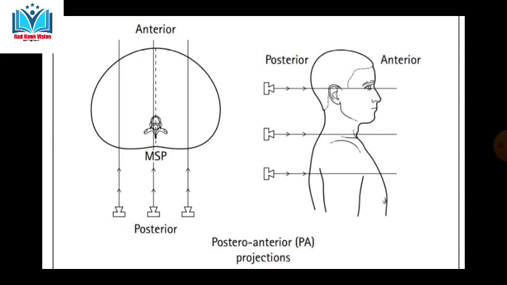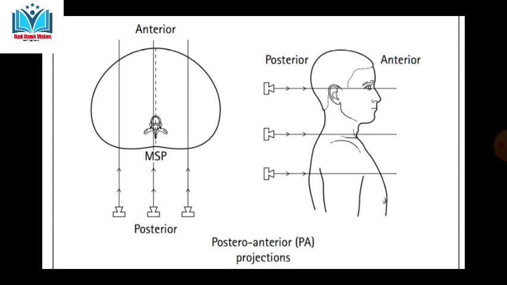we have the posterior anterior projection. It's when the central ray is incident on the posterior aspect, passes along or parallel to the median sagittal plane, and emerges from the anterior aspect of the body. You can see it in the image on the right.